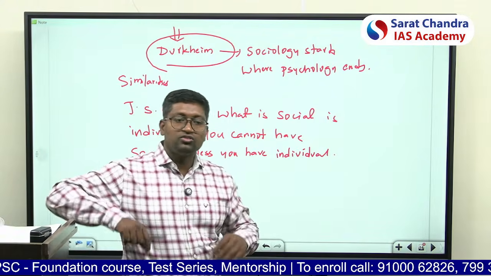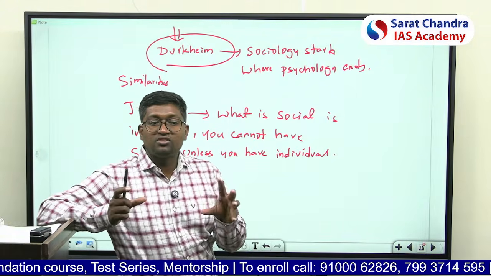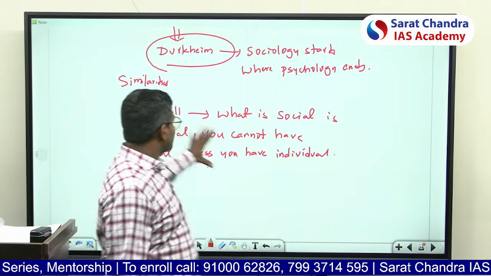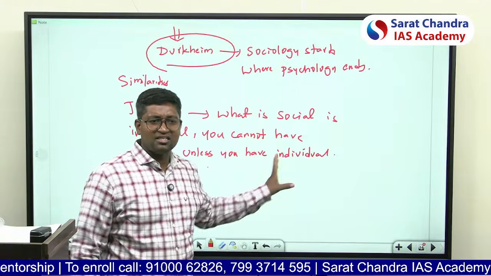So that is how J.S. Mill said that psychology forms the basis of social science. Now J.S. Mill is a little complicated, that is the reason why I said it.